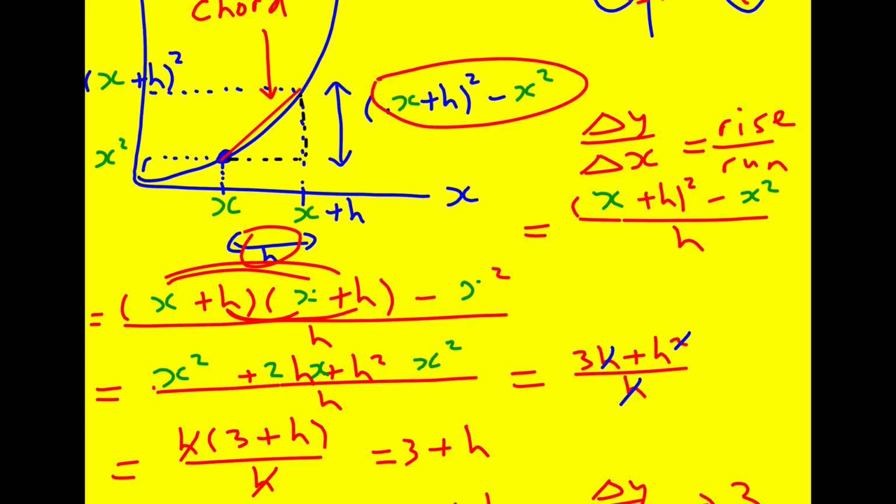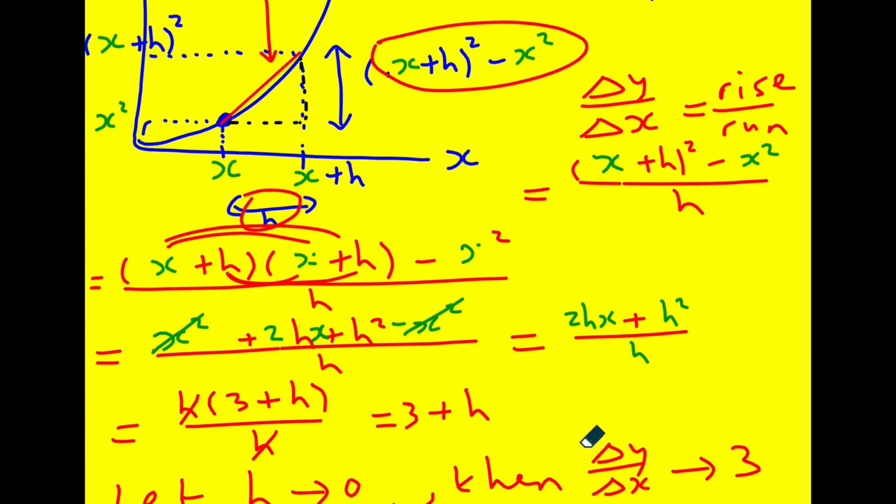Okay, so it's very similar. It's now purely algebraic. x can be anything. And then what am I going to be left with? Well, again, these are going to cancel. Sorry, that was a minus. Don't forget the minus. So I'm going to get 2hx plus h squared, over h.